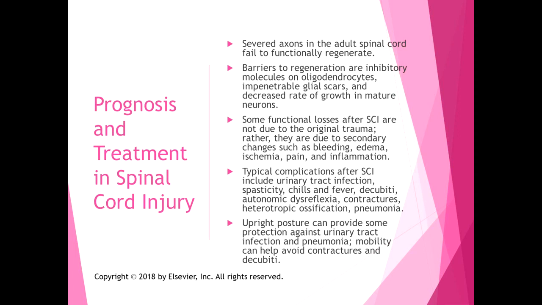Upright posture can provide some protection against urinary tract infections and pneumonia, and mobility can help avoid contractures and decubitus. So a lot of the things that we're doing in PT, sometimes when you're working on upright tolerance with someone, you're not doing it because they're ever going to walk, you're doing it to prevent complications.